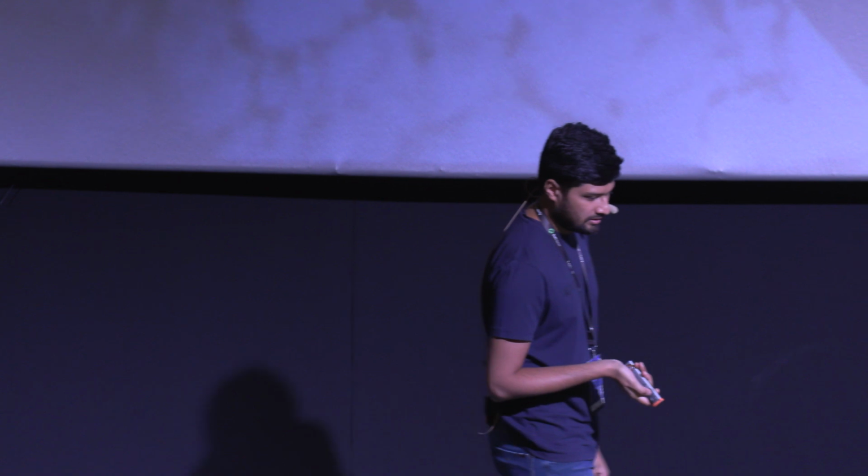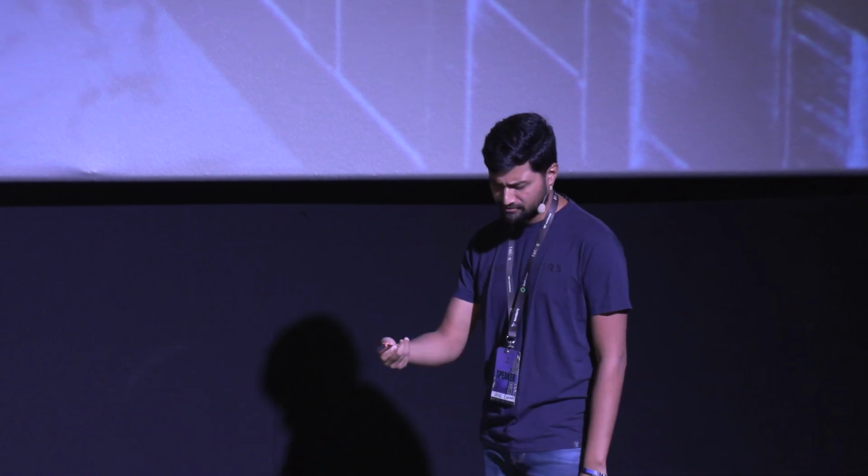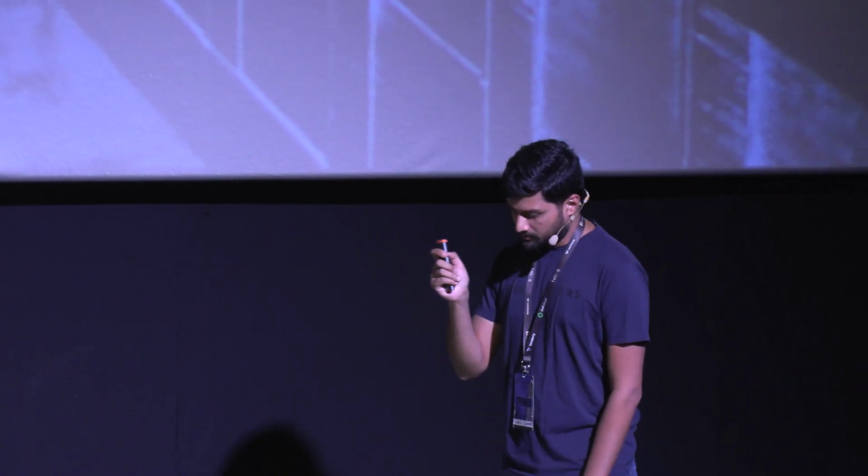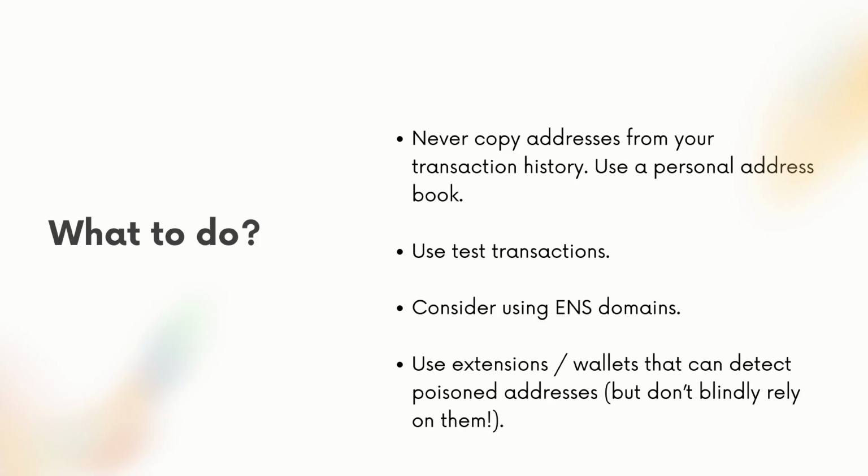And believe it or not, this is an attack with a high success rate. I don't believe it, but even I have copied addresses from transaction history. And by the way, you should never trust addresses in the transaction history, or transaction history at all, because Ethereum doesn't have a native index from addresses to transactions.